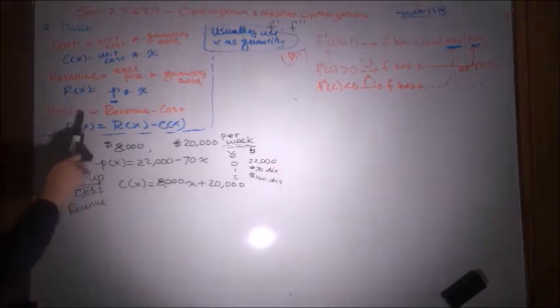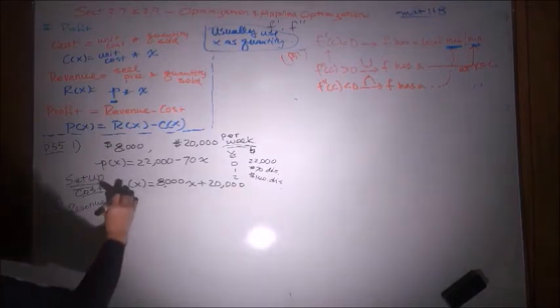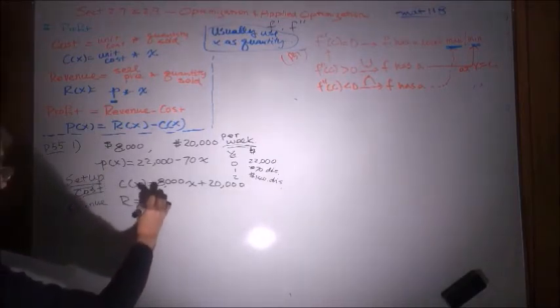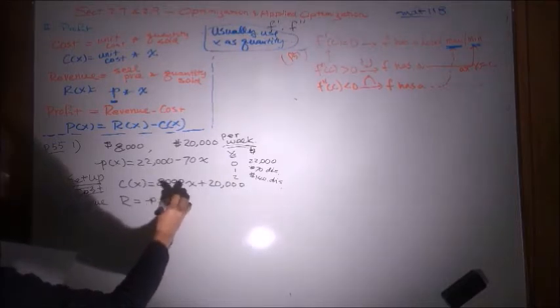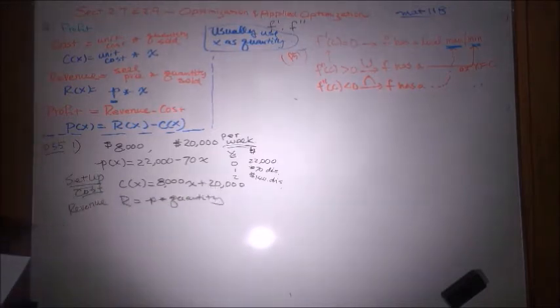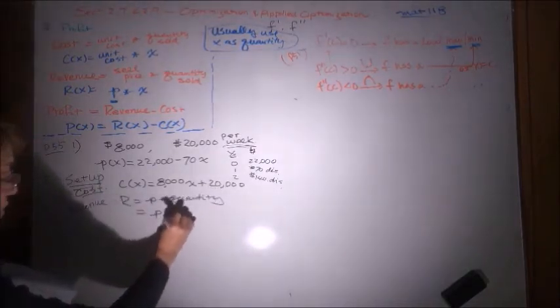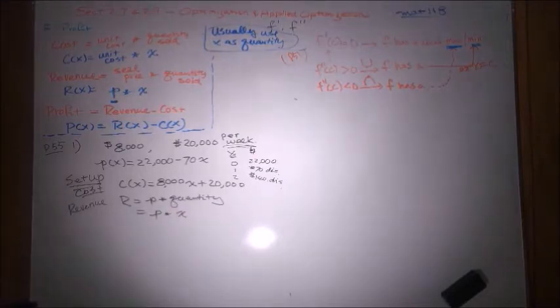Revenue will be your price times the quantity sold. So revenue equals P times your x, the quantity. X is your quantity.